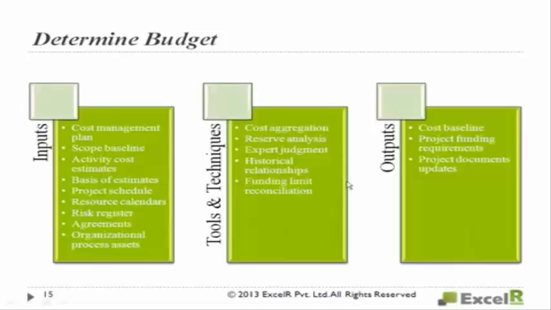These are the things we have in the project scope statement. So related to the cost, if there are some constraints, you will mention them here. Assumptions, you will mention here. So scope baseline will be an input for you. Activity cost estimates: the cost for each activity, you will take and aggregate here. So you need this. You need the basis of estimates.